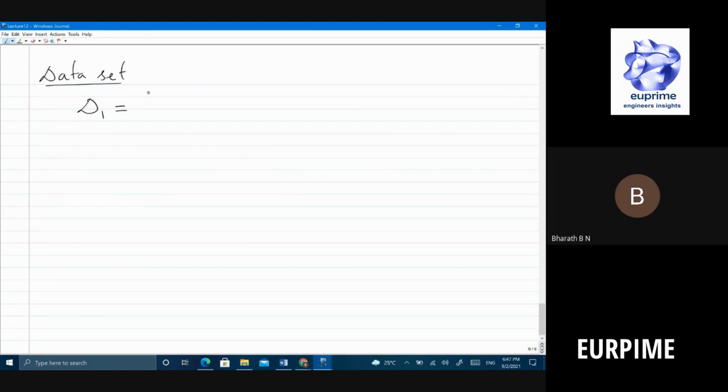This is the first data set, which is x1, x2, and so on, up to xn. This is one set of data points.